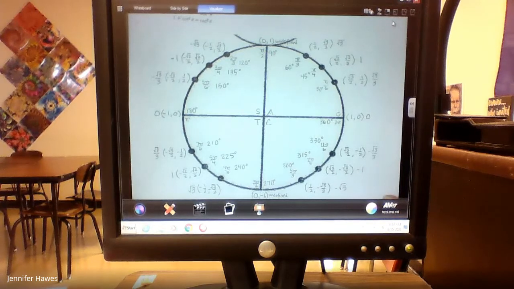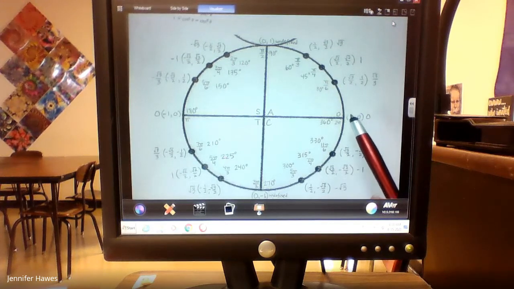But pi over 6, remember pi is 3.14, so I can get a number about how far I have to go over. So first we're going to review sine, because sine and cosine I hit pretty heavily. Tan, I think I just showed you, and then we'll do the reciprocal ones.